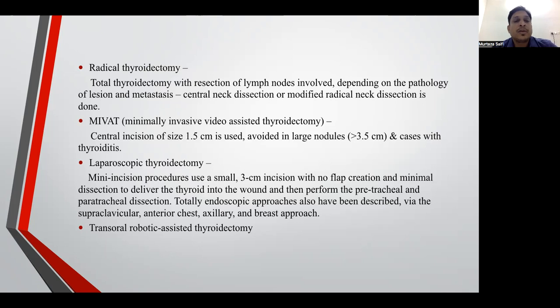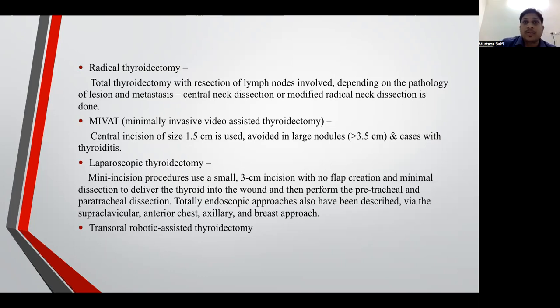Laparoscopic thyroidectomy, mini incision procedures use a small 3 centimeter incision with no flap creation and minimal dissection to deliver the thyroid into the wound and then perform the pretracheal and paratracheal dissection. For this pretracheal and paratracheal dissection, again you can use laparoscopy.